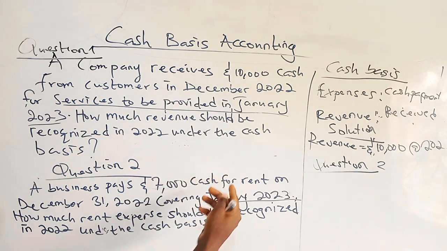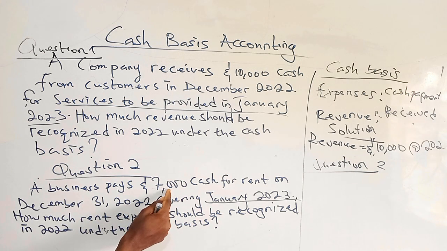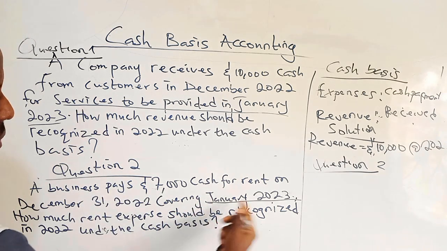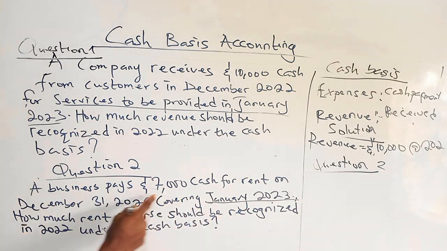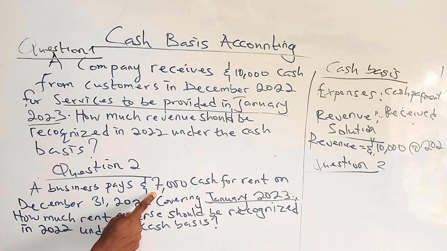What cash basis is saying is that we need to recognize this $7,000 in the year it was paid, though the expense has not yet been incurred. That's all about cash basis. So how do we treat this in our books?